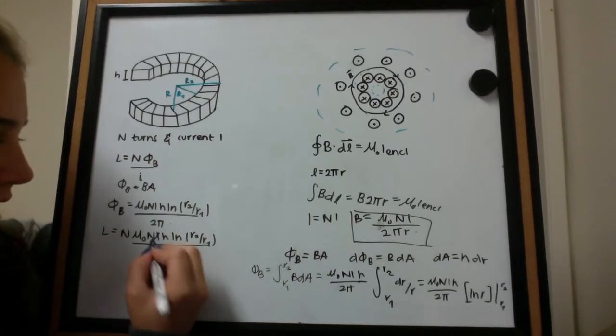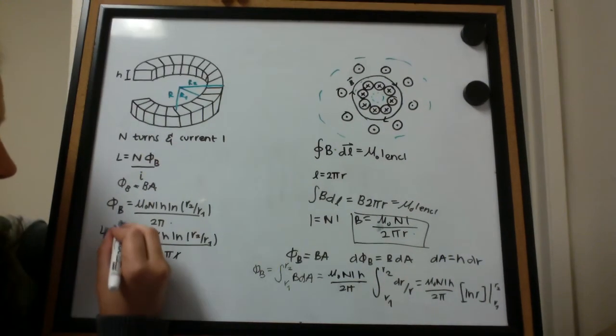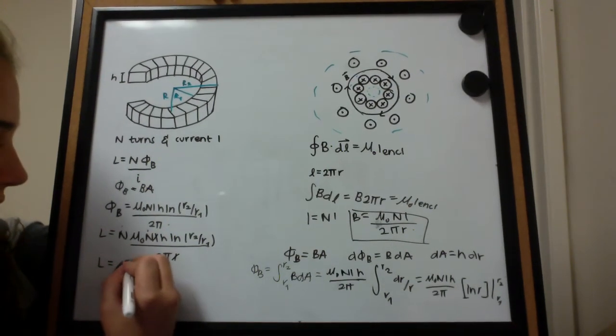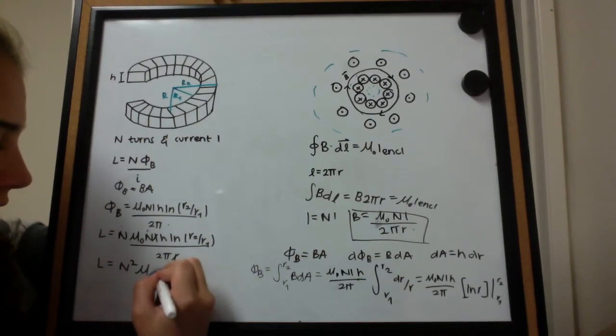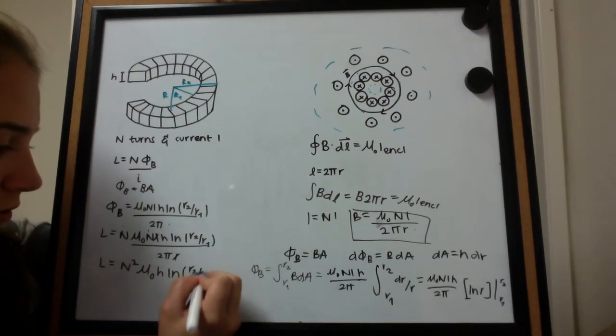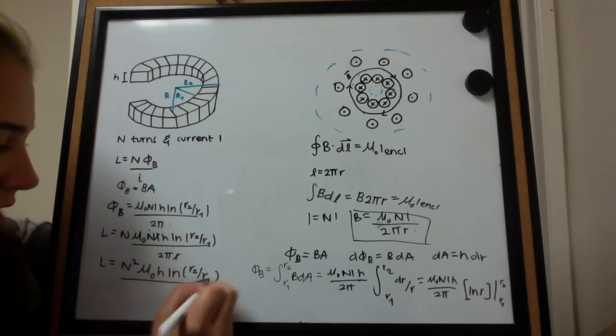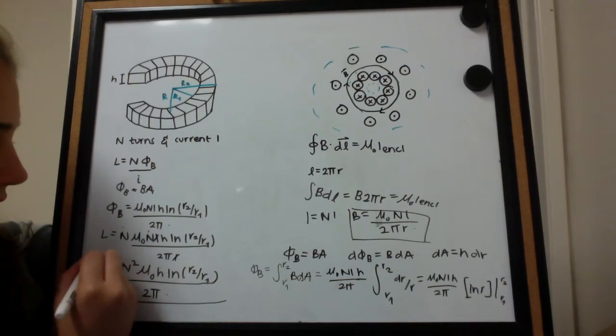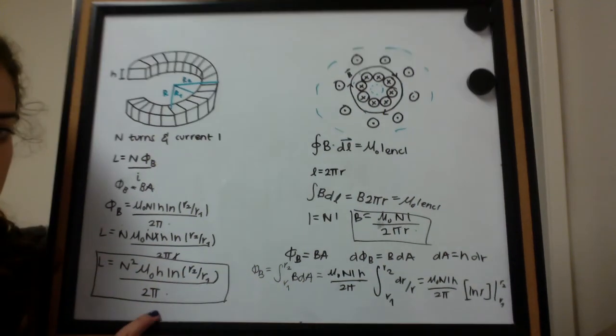These I's cancel out, and the N's you can square, so you have that L equals N squared mu naught h natural log of r2 over r1 divided by 2 pi. So that's going to be your inductance for the toroid, and that's your final answer right there.